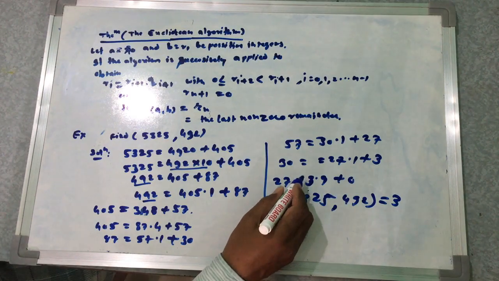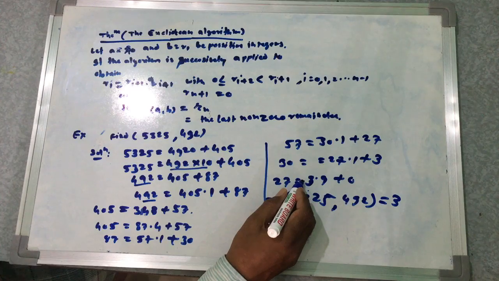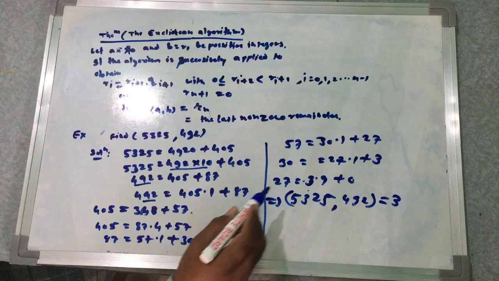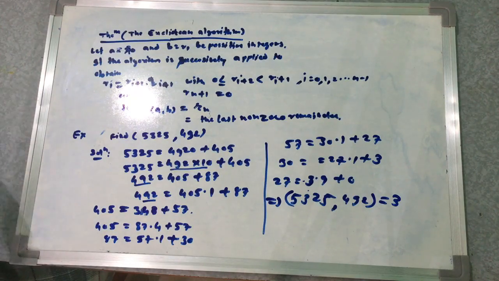So we have remained here 3. So the GCD of 5325 and 492 is 3. In this manner we have to solve.